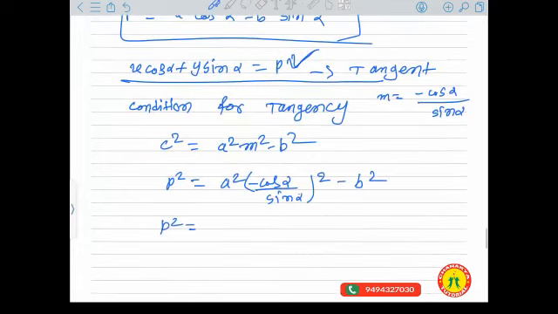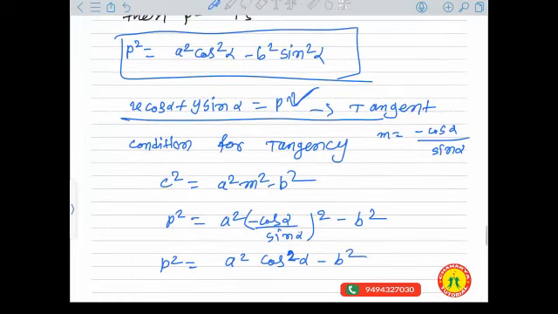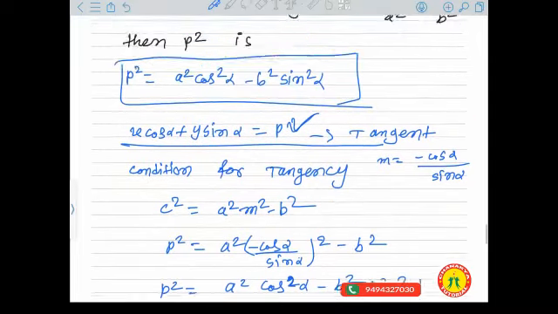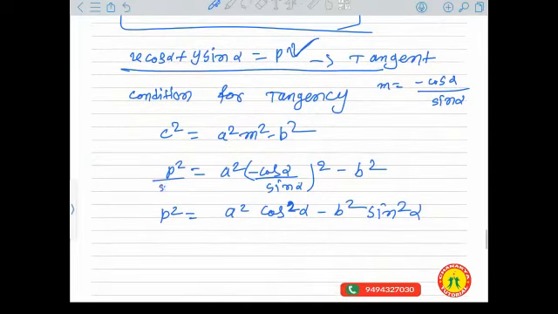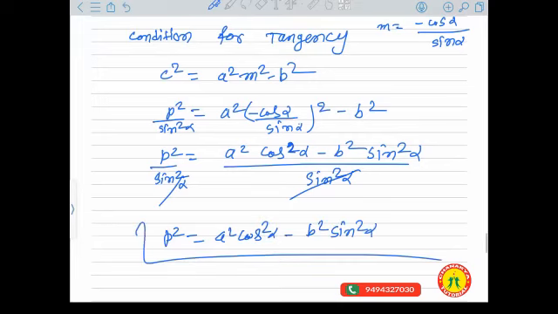We get p square is equal to a square cos square alpha minus b square sin square alpha. Also c is p by sin alpha.